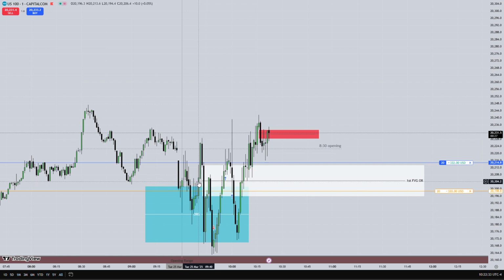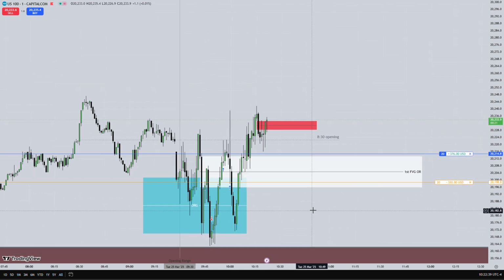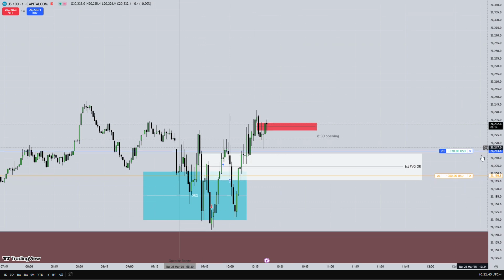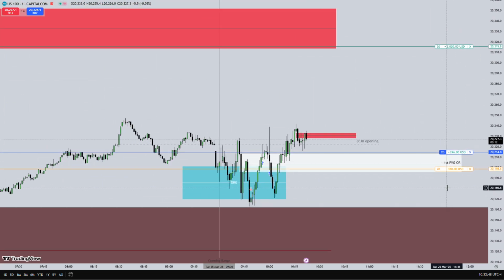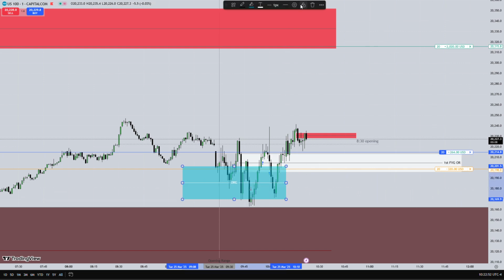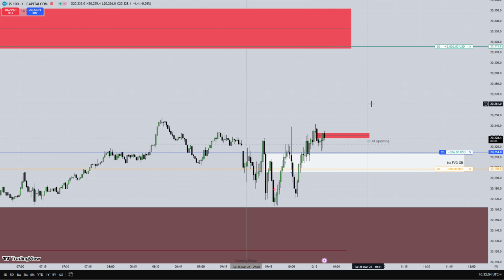So there's this tiny fair value gap. I'm not gonna say that this is a valid displacement. This one right there is a valid displacement, but we know that price is bullish today, and I talked about it in the beginning of this video. So let me also take this opening range gap off. We don't need it anymore.